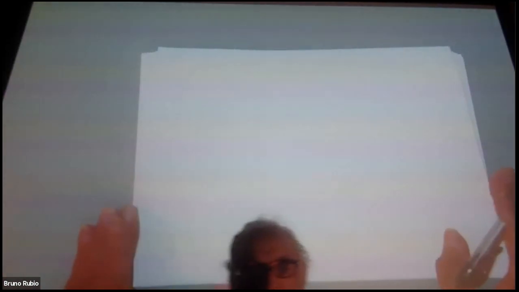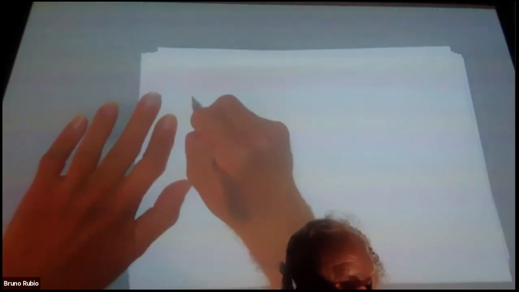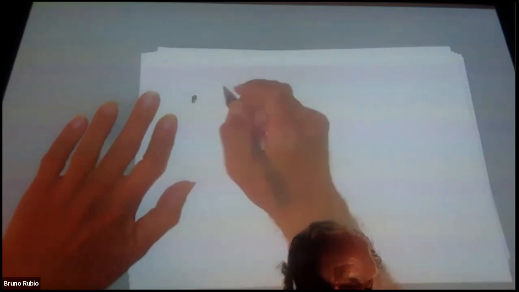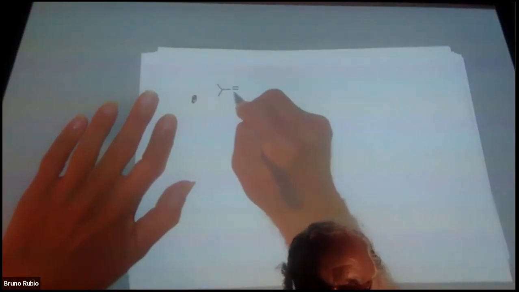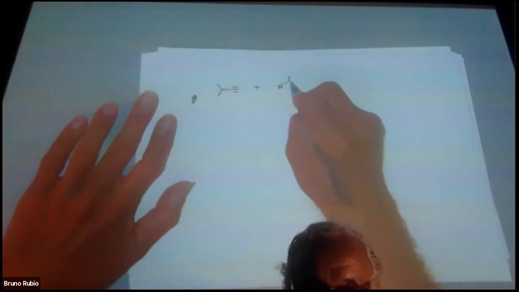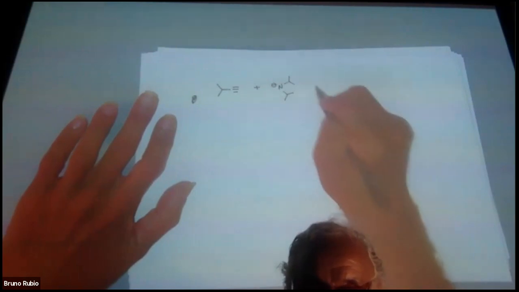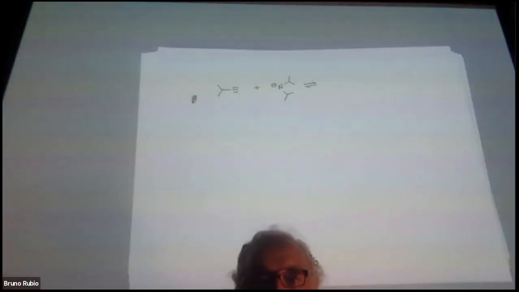All right, so let's try another one. What about something like this? I want a concrete example here. Plus, all right, so there's another acid-base reaction.